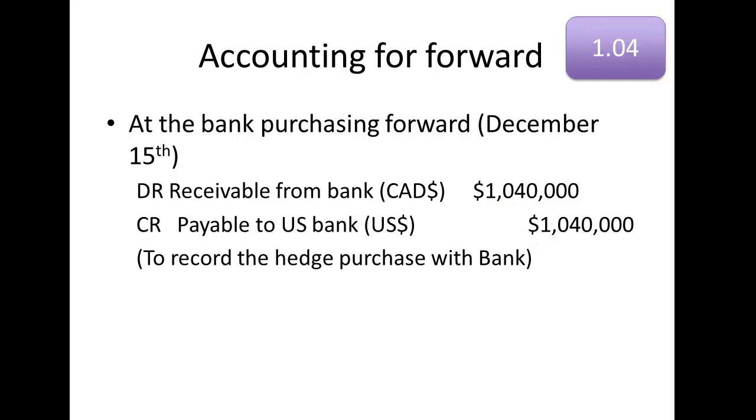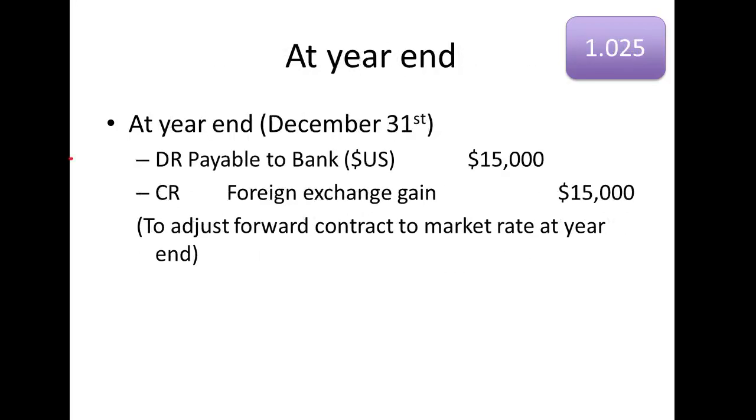Speculative contracts don't have a cash flow transaction in mind, like our land sale, and as a result there's no gain or loss to offset against it. At year end, the US dollar payable to US Bank gets marked to the closing forward rate of 1.025. Parent Corporation recognizes a $15,000 exchange gain, and so far Bob's hunch is panning out.